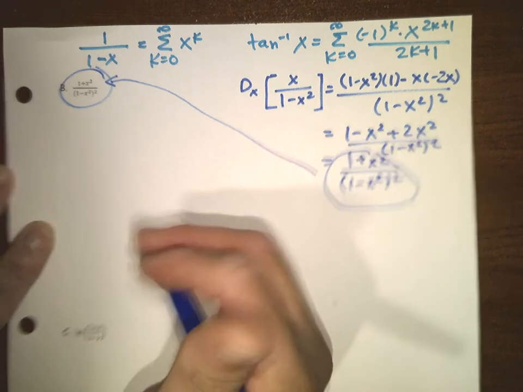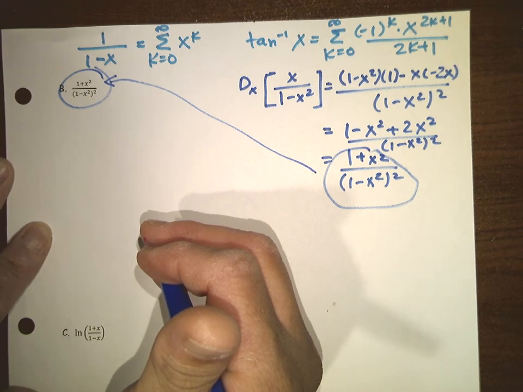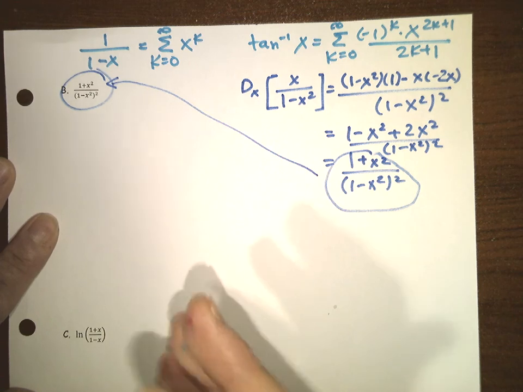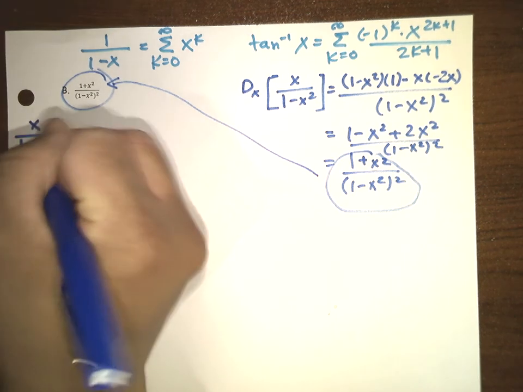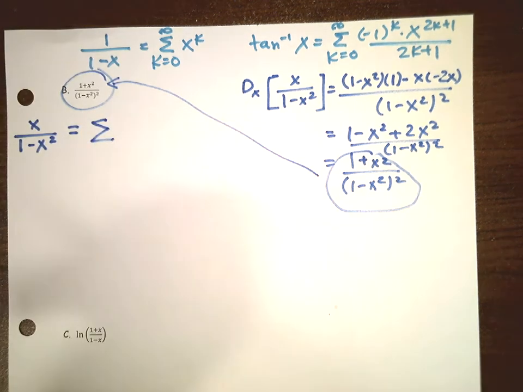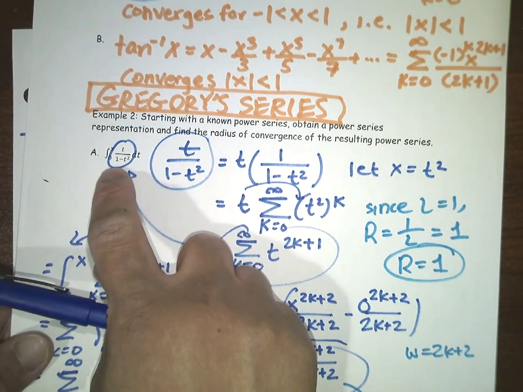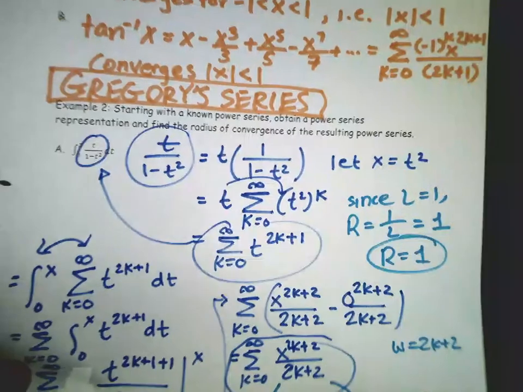So now, think about this then. All right, here's the good news: x over 1 minus x squared, we already know that is equal to... remember in the last problem we had t over 1 minus t squared, but now we just have x over 1 minus x squared.